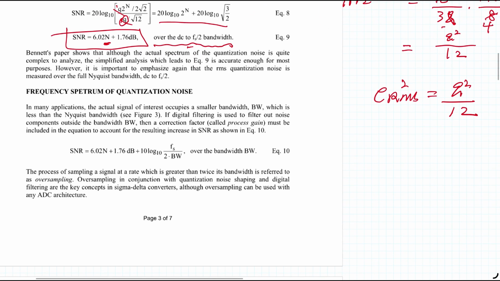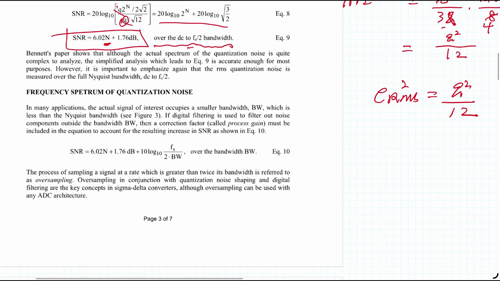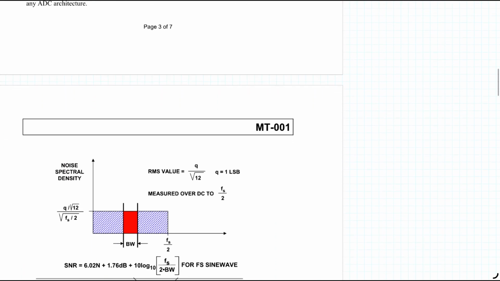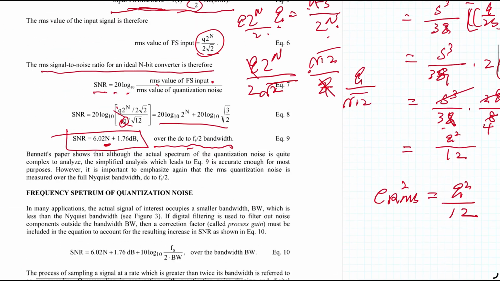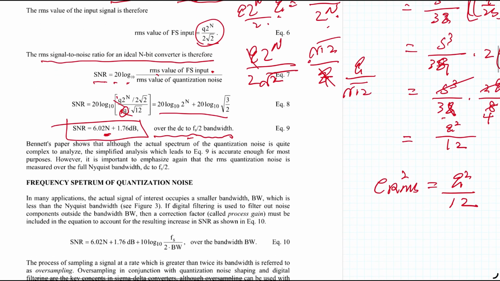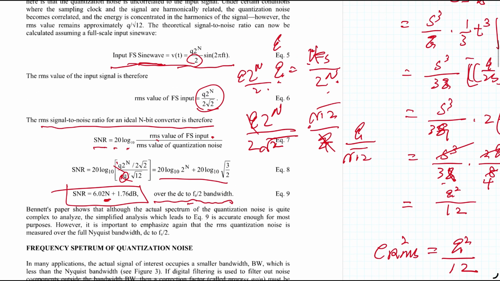This technical note also talks about the signal to noise ratio for an oversampling system when you have a higher bandwidth, and a lot of other stuff. But I think the core of this technical note is the first part. Hopefully this helps you. Thank you.